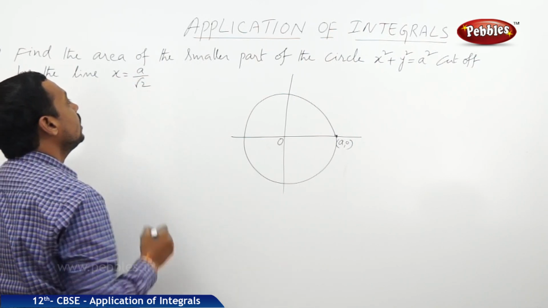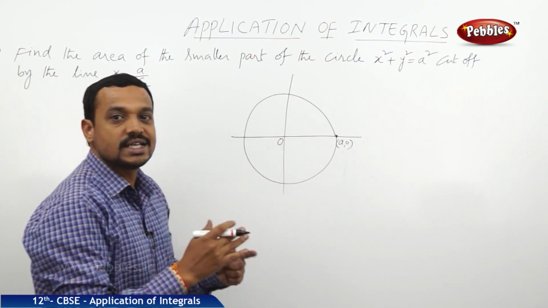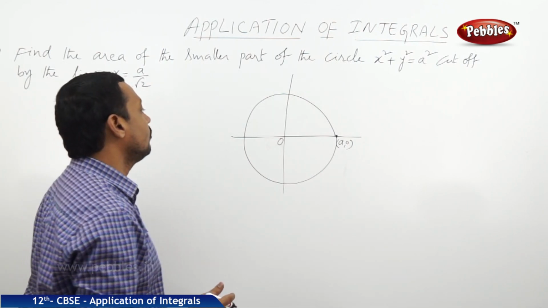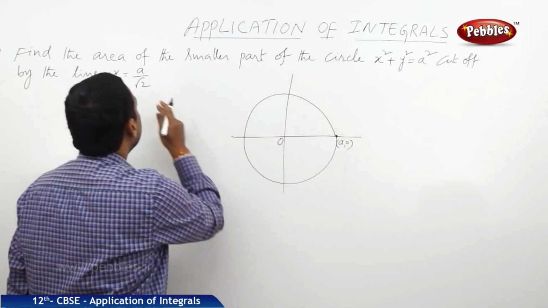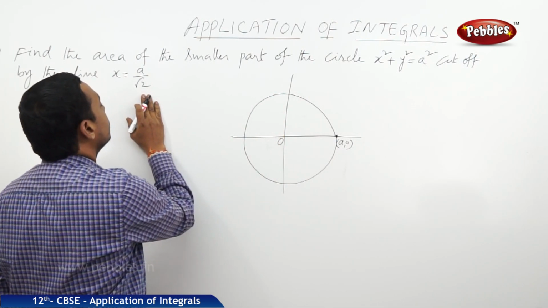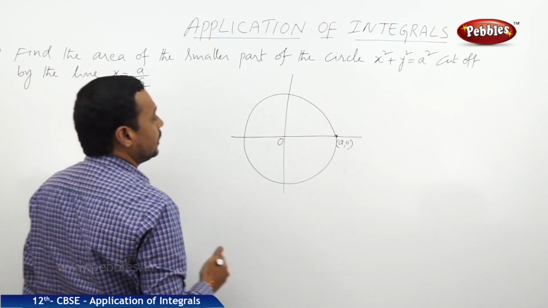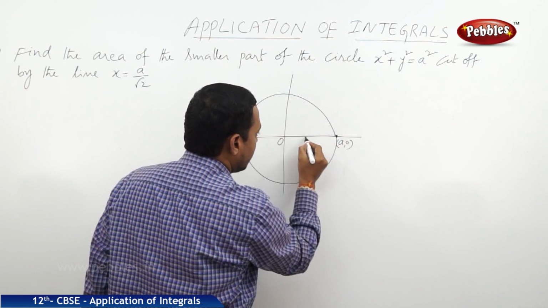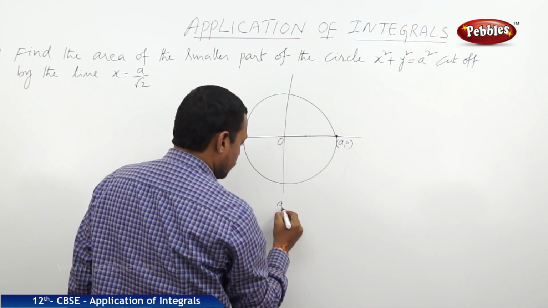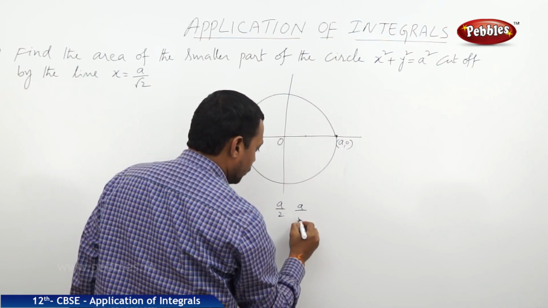X is equal to a by root 2 represents what? It is a straight line parallel to the y-axis. But you know, a by root 2 is greater than a by 2. So here half of this length is a by 2. A by 2, a by root 2.